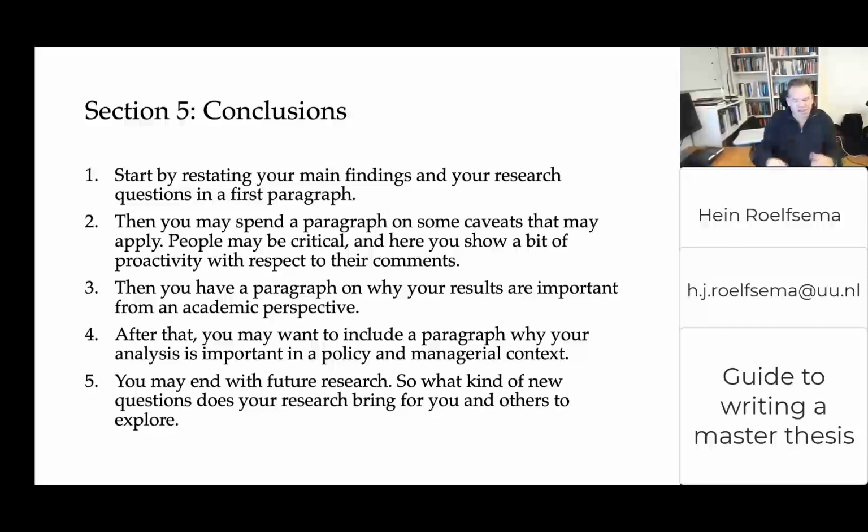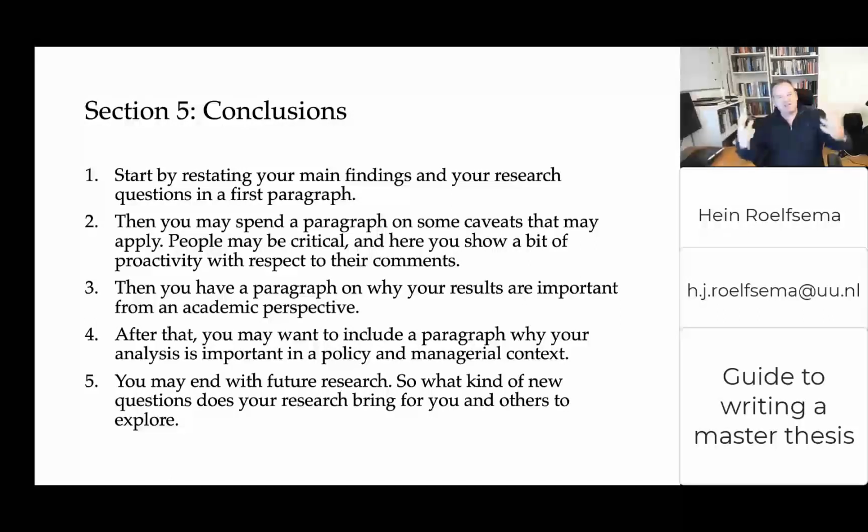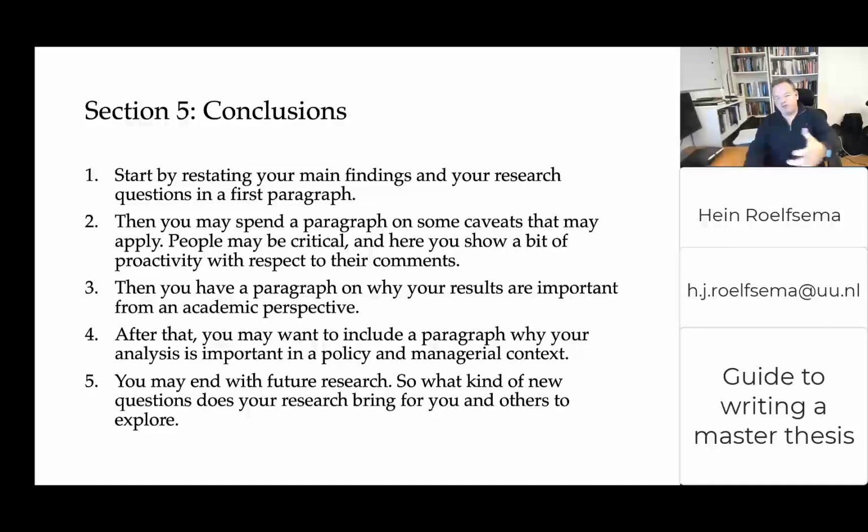You might say your data are imperfect because they come from sources that can only do so much. So already anticipate a bit of criticism of your thesis, and you can say, well, okay, we try to deal with that as well as possible, but show that you're aware of some limitations. That can be a nice part of the conclusions.